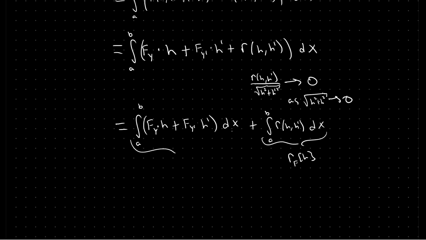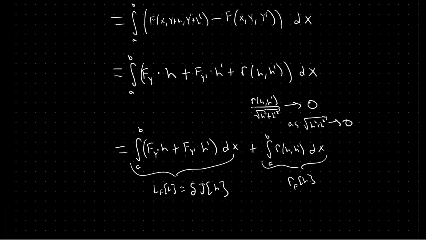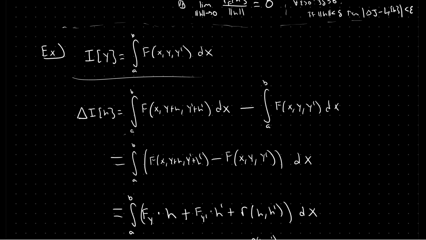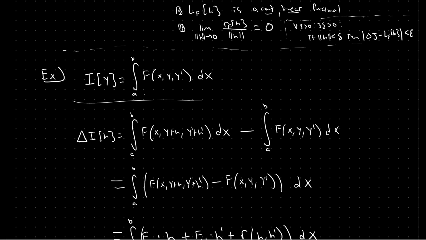And this thing right here is a linear functional. It's exactly L_F of h, or the first variation of our integral functional. This is exactly the form the first variation takes, which is pretty incredible, because we now have an expression for the Frechet differential, or the total differential, of a functional that takes the form of an integral.